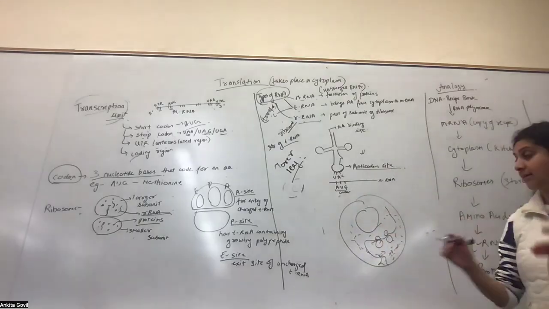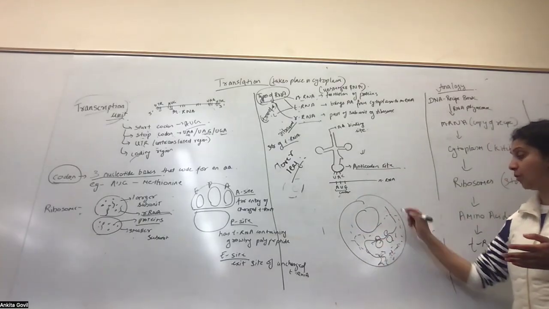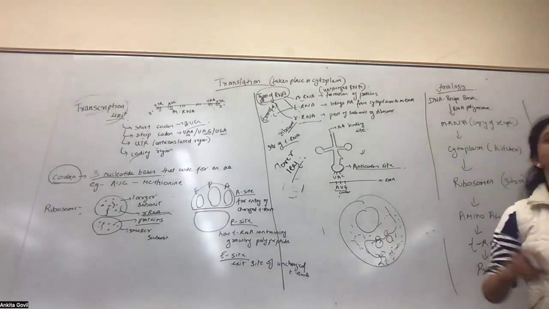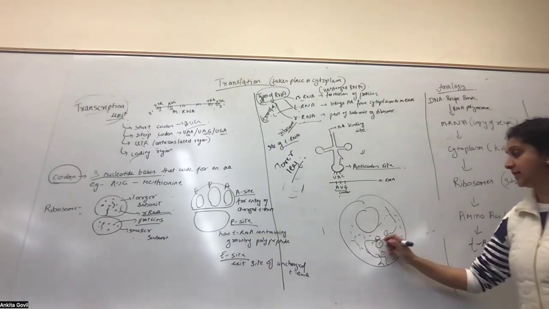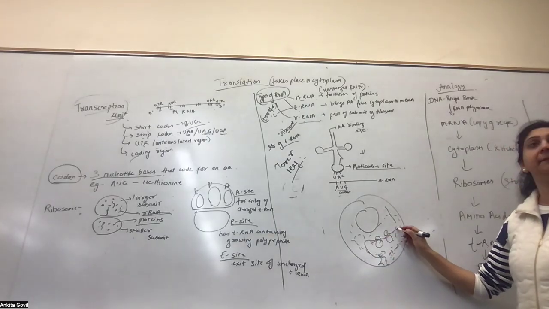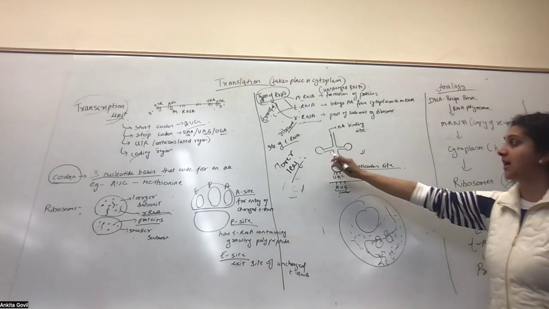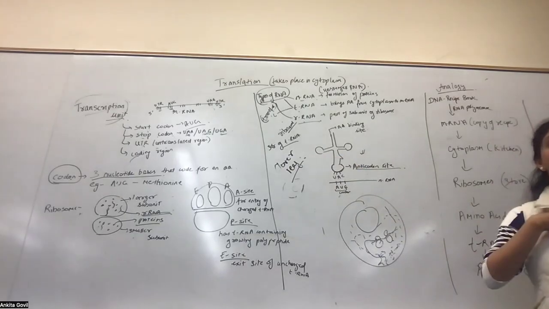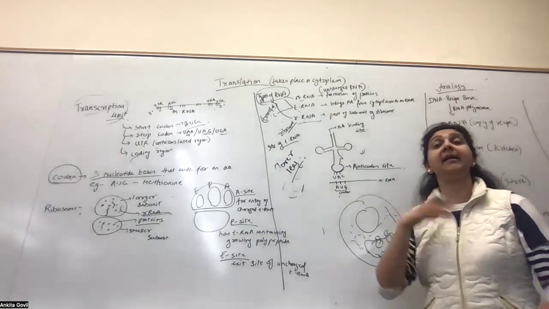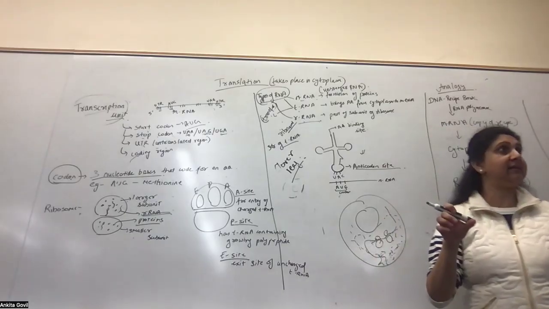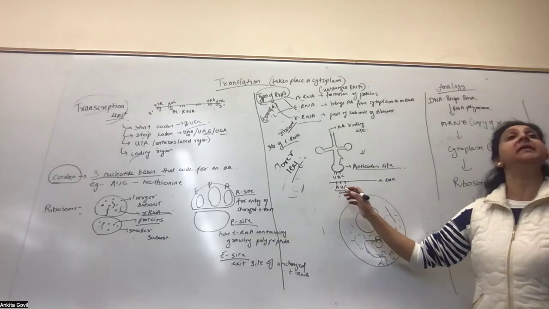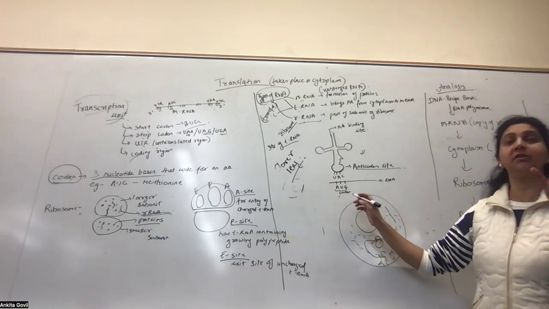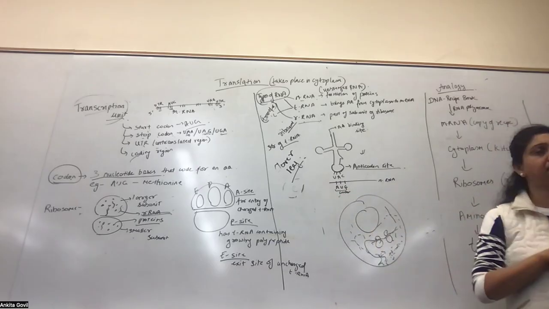But these amino acids are all the way in the whole cytoplasm. Who is going to get these amino acids from the cytoplasm to this mRNA? This tRNA says, okay, I'll help you. I'll go and find the amino acid which is opposite, the methionine amino acid, which codes for AUG.